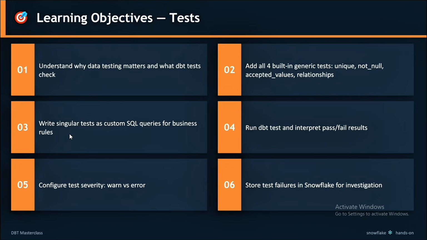Third is to write singular tests as custom SQL queries for your business rules. Fourth is to run DBT test and interpret pass and fail results. Fifth, configure test severity, warn versus error. And last is to store test failures in Snowflake for investigation.